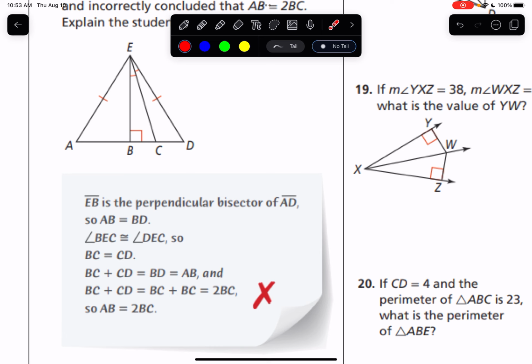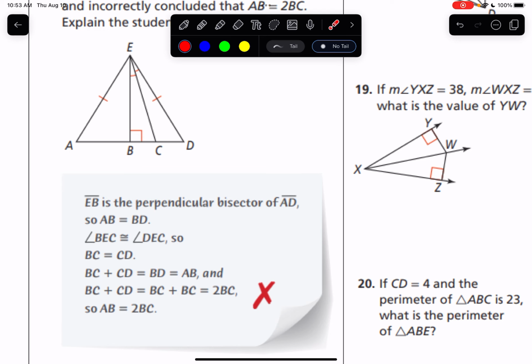Angle BEC is congruent to DEC, so BC is equal to CD. Then they said BC plus CD equals BD, and BD equals AB. So they did the substitution to say that these two together equal AB.